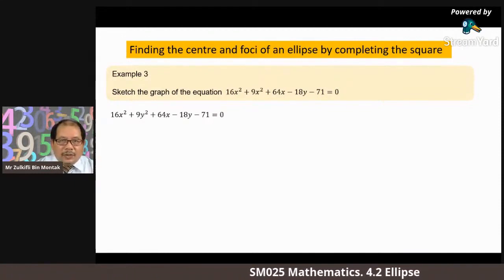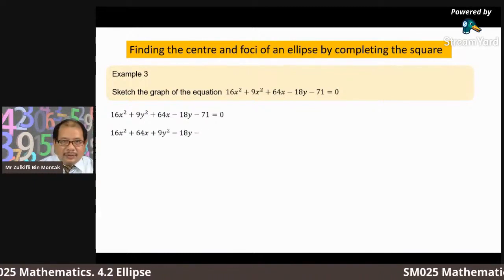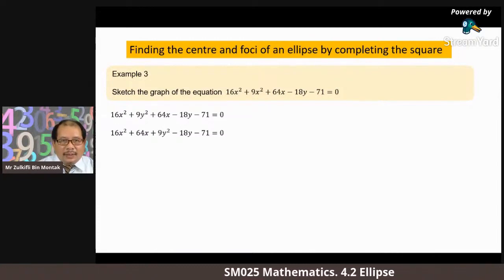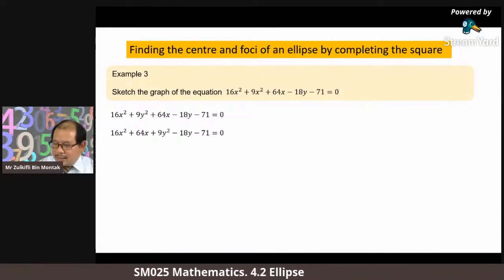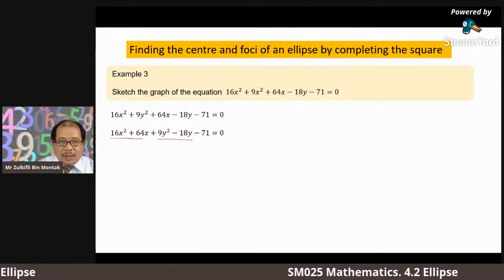This is the equation of the ellipse. In order to use completing the square, first we write the x terms together and the y terms together. This is for x, and this is for y.